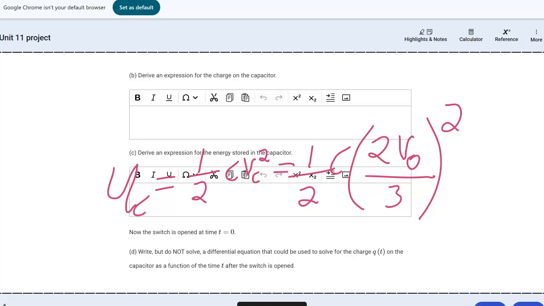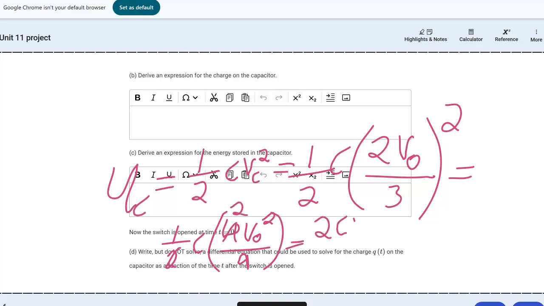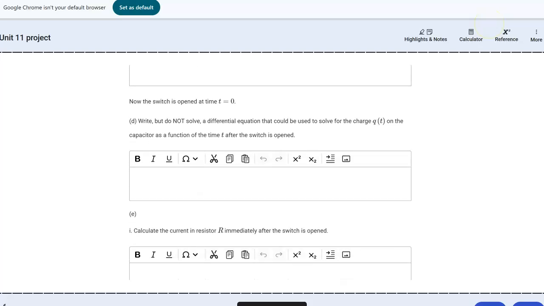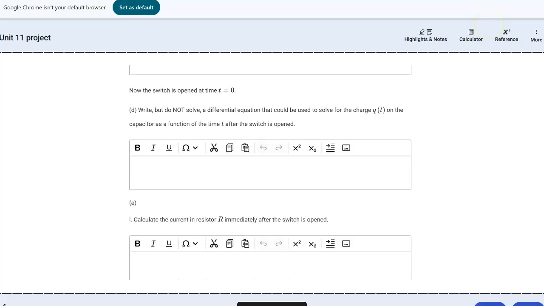So then we're going to get one half C times 4V0 squared over 9, which is going to be 2C V0 squared over 9. And that's going to be our expression for the energy stored in the capacitor, because energy storage is just another word for potential energy.